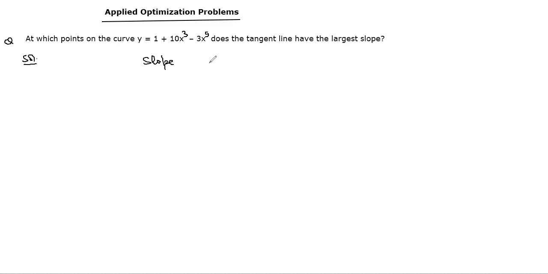The slope, call it m, is dy by dx, which is 30x squared minus 15x raised to power 4. We have to maximize m. So m itself is a standalone function and we have to maximize it, so apply calculus on it.